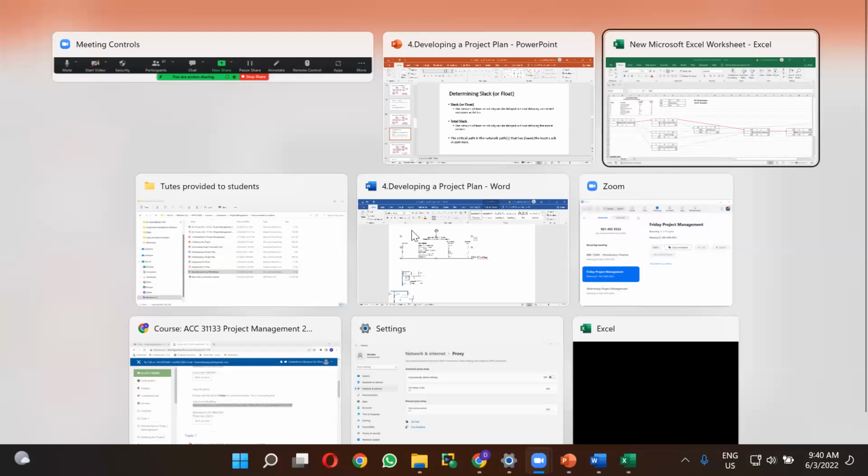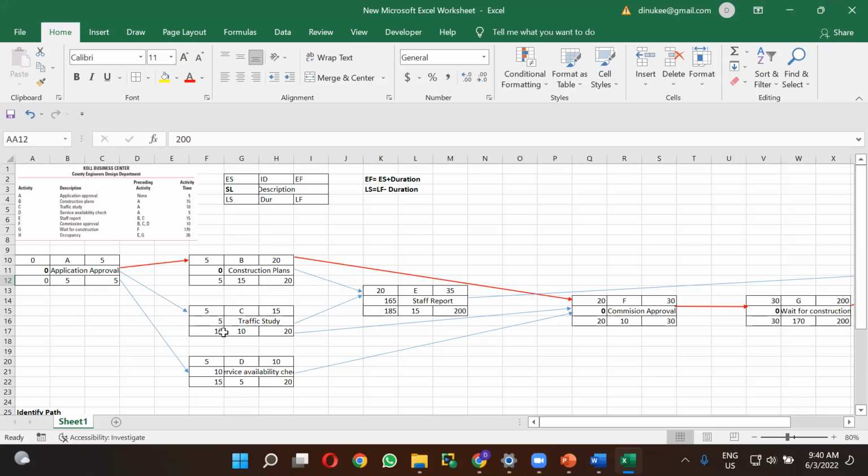Taking the example of the C activity, you can see there is a slack of 5, right? It means you can delay this activity by 5. If we assume these are given in days, you can delay activity C by 5 days, as it has a slack time of 5, without delaying our project.